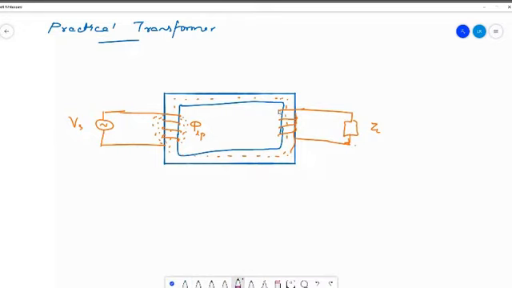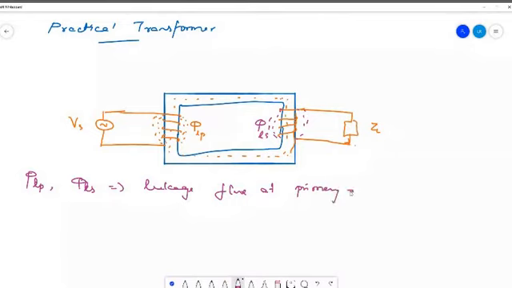In the same way, you will have the leakage flux at the secondary side as well. So φLP and φLS are the leakage flux at the primary and secondary winding.